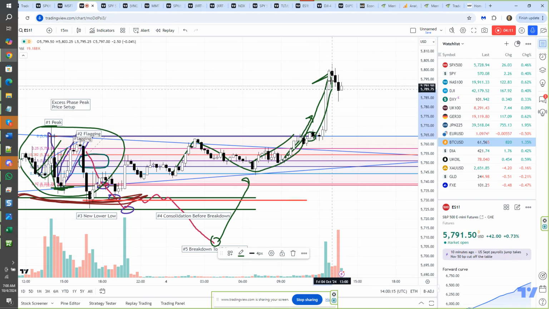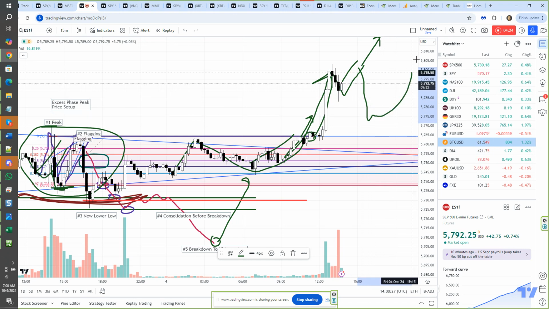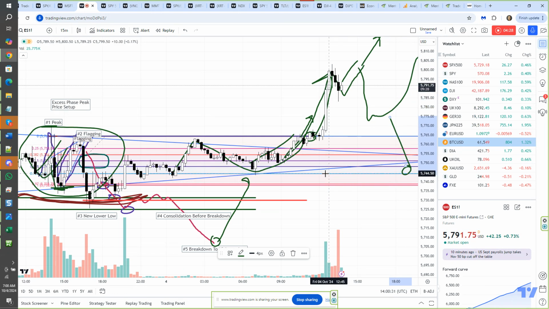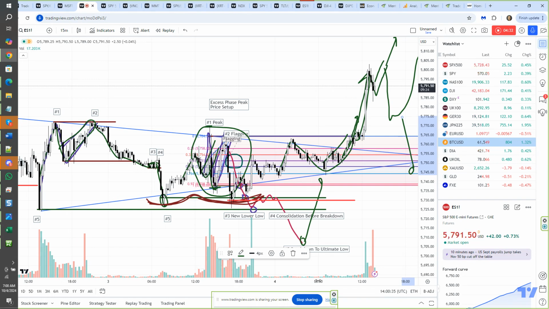We now have a new peaking pattern here, which will roll down somewhere over here into flagging and either reject out to the upside or roll down into consolidation, maybe reject up or maybe break down again. So these excess phase peak patterns happen constantly, literally constantly. And all you need to do is be able to look for them and see the breakaway.